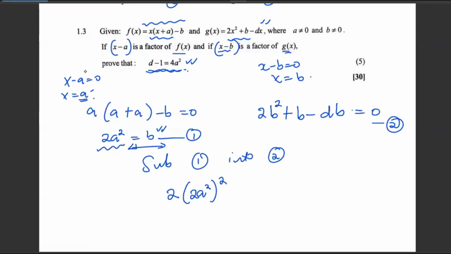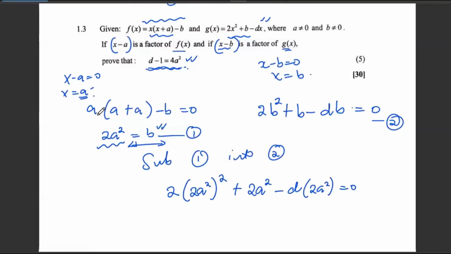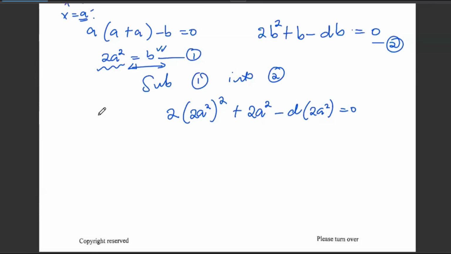So we shall have 2 into 2a squared, but squared. Plus, we have 2a squared minus a d into 2a squared is equal to 0. Okay, let's see. What is this going to give us? This is going to be 4a to the 4, then multiplied by that, which is 8a to the 4.